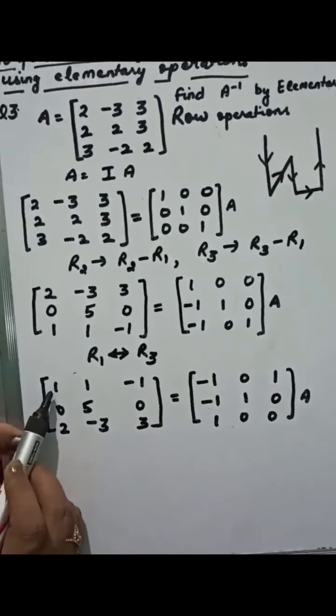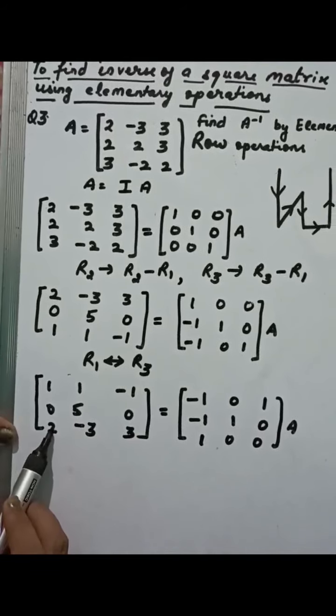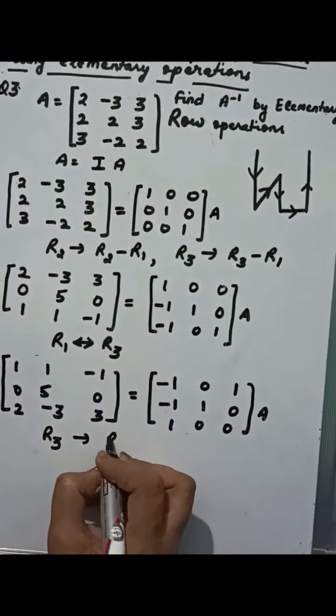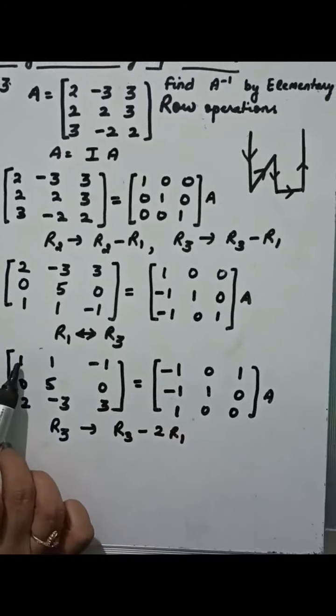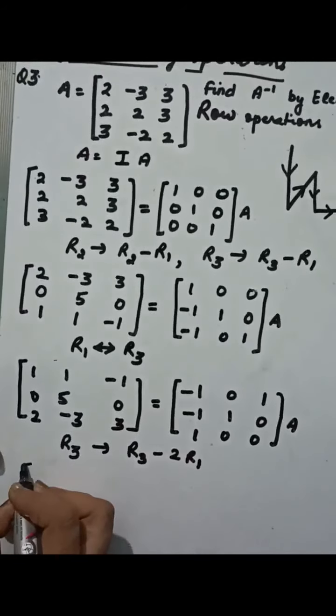Now this element is 1, this is 0. Now our next step is we want to make this element 0. So apply in R3, R3 minus 2R1, which means we multiply the first row by 2 and subtract from the third row. So 2 minus 2 will become 0.